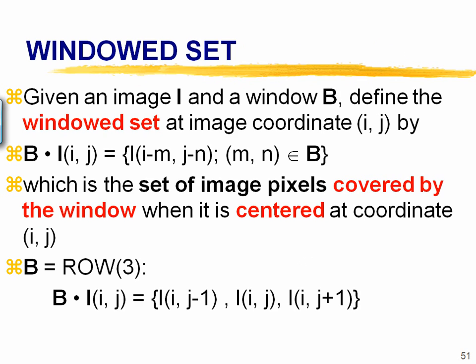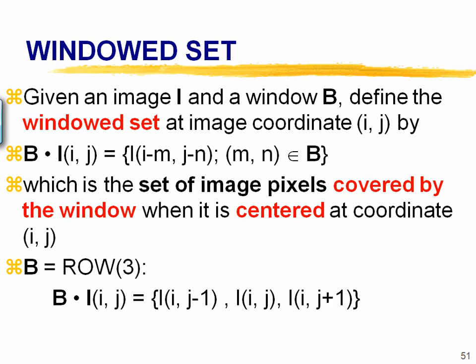So given all of that, essentially if I had to perform a windowed operation, first I need to create a windowed set. Okay. A windowed set is nothing but a limited number of pixel values that I'm going to include, on which I can perform a particular binary operation or any logical operation for that matter.